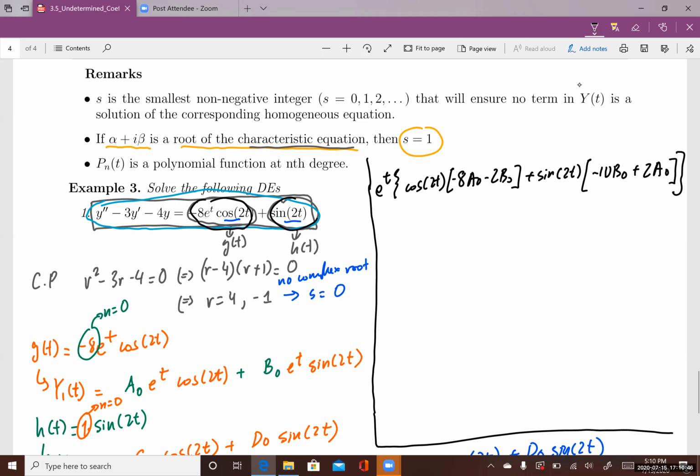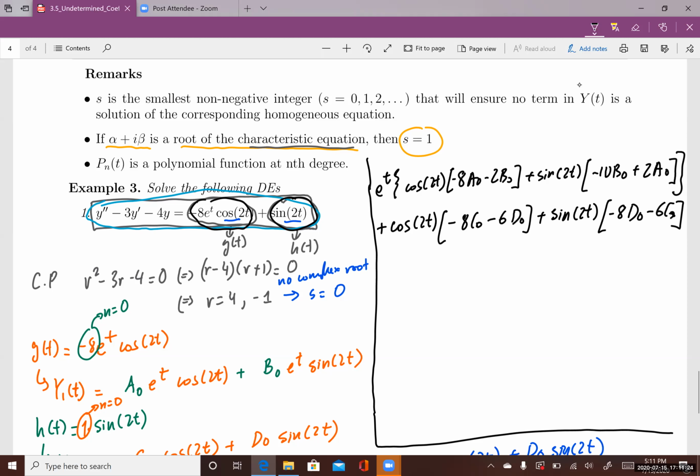Okay, and the second one will be the consequence of this function: cosine of 2t plus, I have a plus here, cosine of 2t (negative 8 c0 minus 6 d0), okay, plus sine of 2t (negative 8 d0 minus 6 c0).